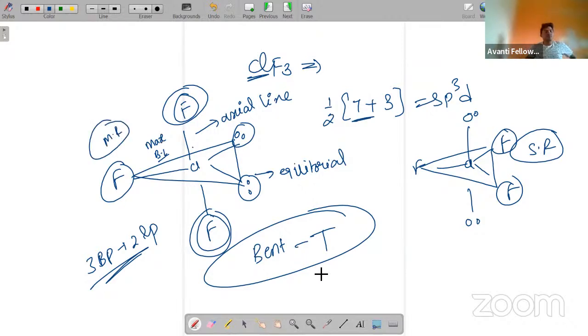Whenever we are keeping anything, we just need to remember one thing: a lone pair on the equatorial plane will have minimum repulsions and more stability. Minimum repulsions and maximum stability. I hope you guys are understanding this one.